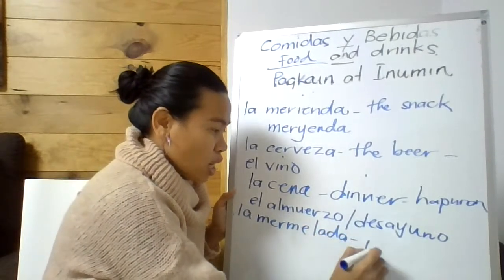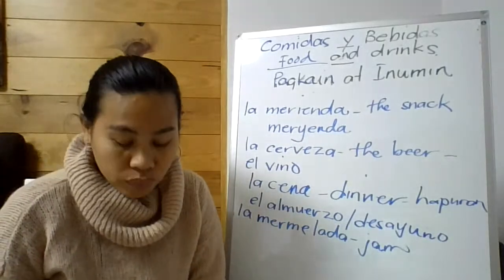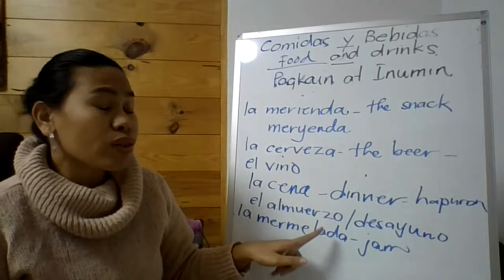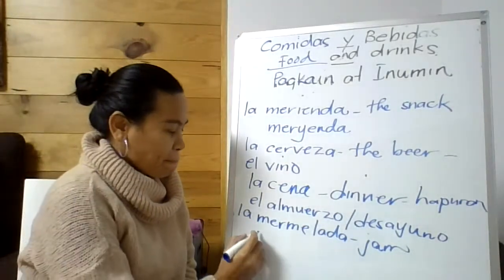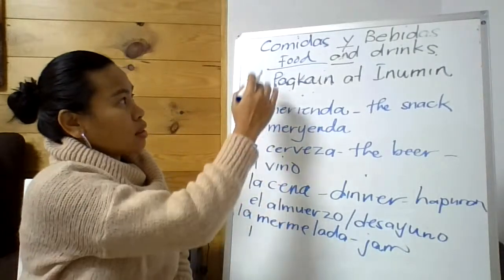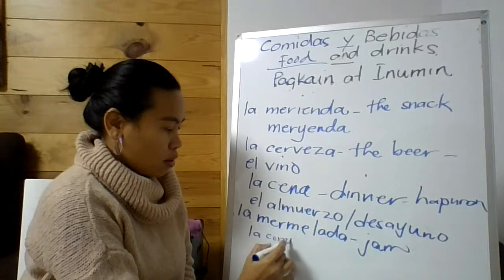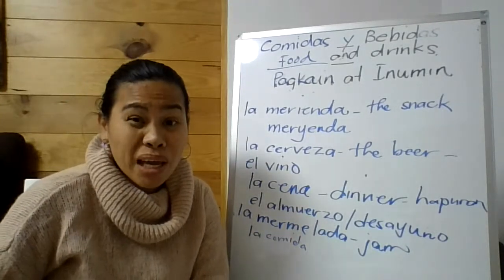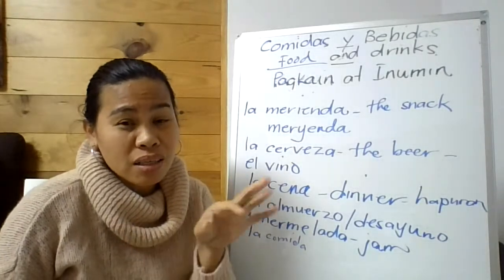In English, jam. Okay? So, and then, okay, la cena, el almuerzo, desayuno. And then lunch is comida. La comida. La comida o comer, para comer is the lunch.